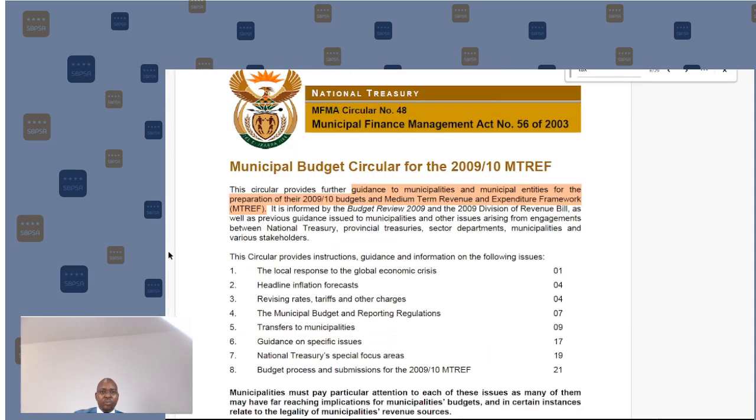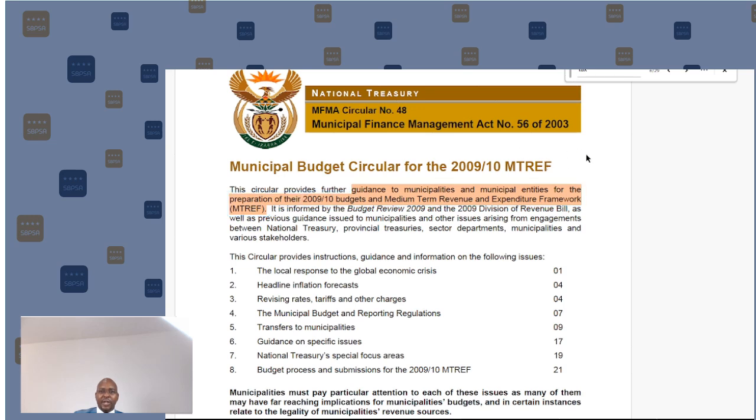Okay. L is circular number 48 that was mentioned before. We have already mentioned that we are not going to delve into detail about what this circular does, because it goes to a much higher extent. But this circular provides further guidelines to municipalities and municipal entities for the preparation of the 2010 budget and the medium-term revenue and expenditure framework, that is the MTEF.